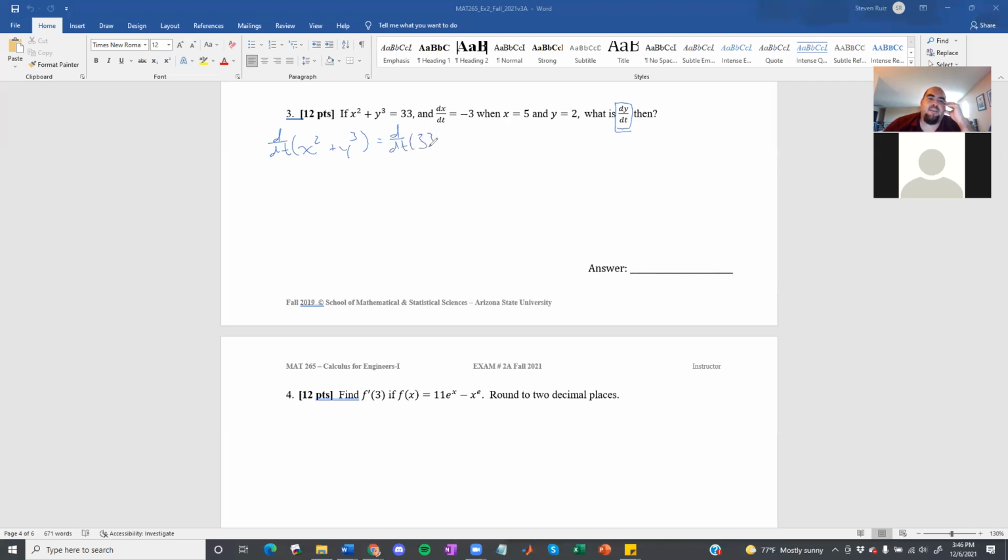We're so used to thinking of y being a function of x, and it definitely is in this case. But by telling you that dx/dt is equal to something, and asking for dy/dt, I'm also telling you that x and y are both functions of t. So based on that, what would the derivative of x squared be with respect to t?